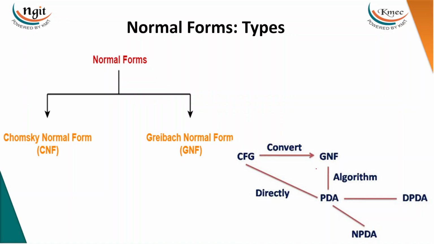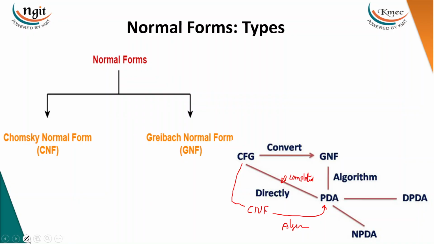If you want to convert into the PDA, you can also represent the CFG in CNF, then run the algorithm and convert it into the PDA. So direct conversion is also possible, but it is somewhat complicated and manual. If you represent it in normal forms, by running some algorithm, we can do that.